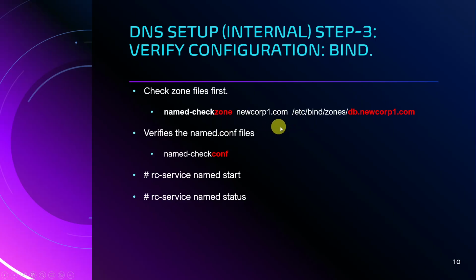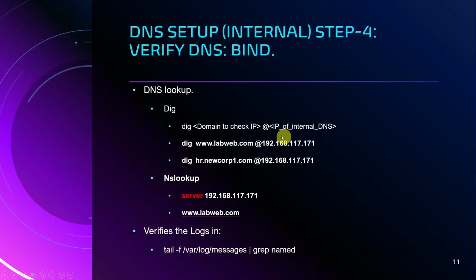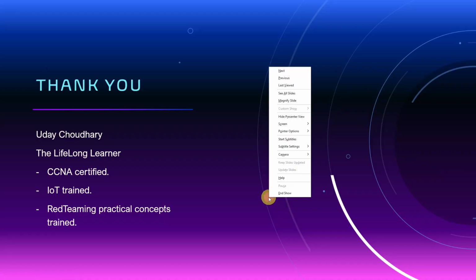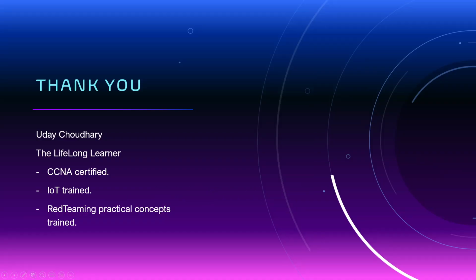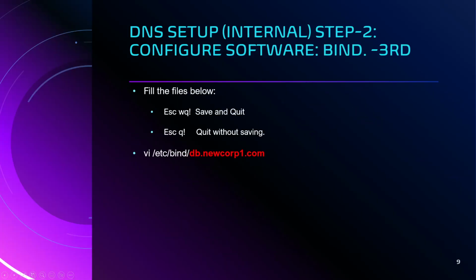We'll do a zone check, and we'll do the check for the configuration, and then we'll start. Then we'll do a DNS lookup. This will be the external website, which will be through the .181, but because we are going to forward it through the internal DNS, we are going to use this like this. And we are going to do an NS lookup for the same through the host machine, and the logs will be here. And okay, let's go to the practical.